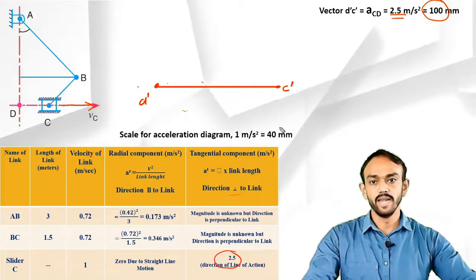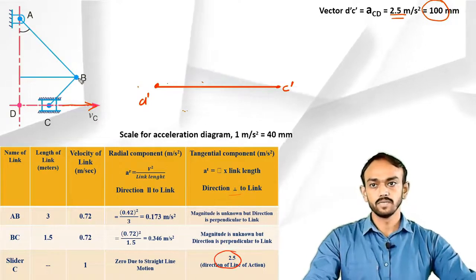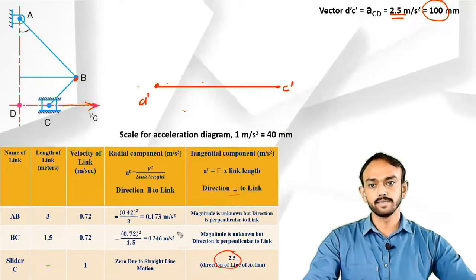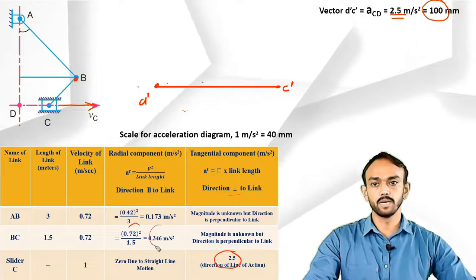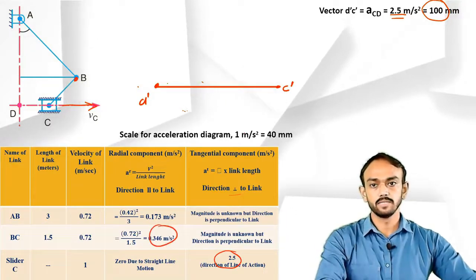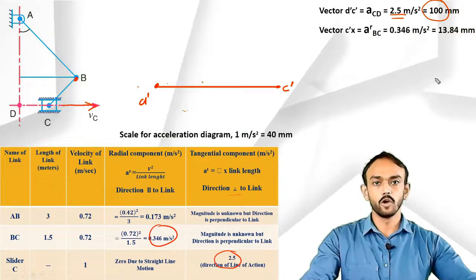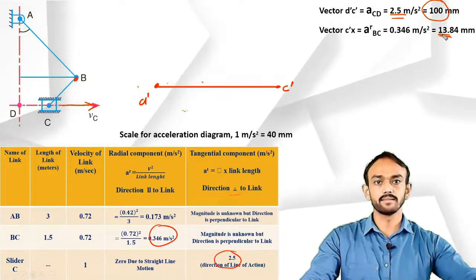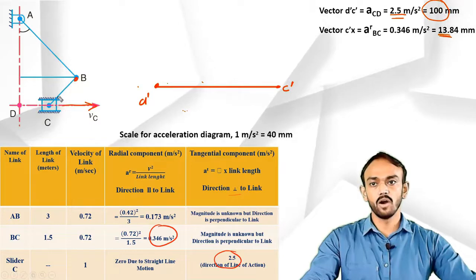Okay, now with respect to C, this radial component of B, I already know that it is given here. You can see this is the radial component of B with respect to C, and this value is 0.346. So I will draw this 346, apply the scale, and you will find 13 centimeter. But in which direction? In the direction of this link.